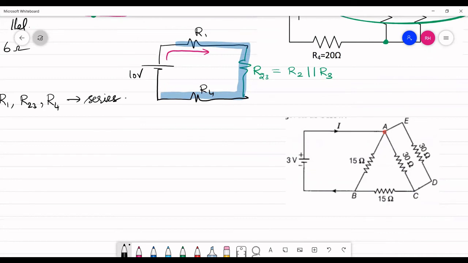Now let me quickly explain for this problem. It is given here, current I is coming out of the battery, that is the voltage source of 3 volt. When it comes to this point, the current is going to split into 3.